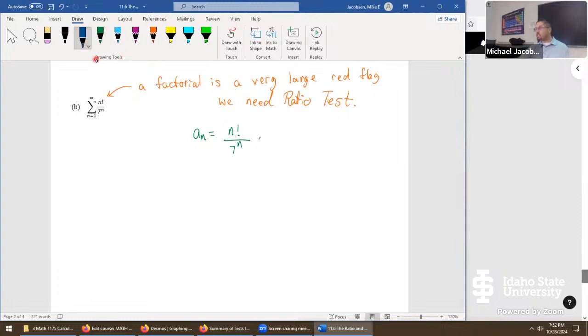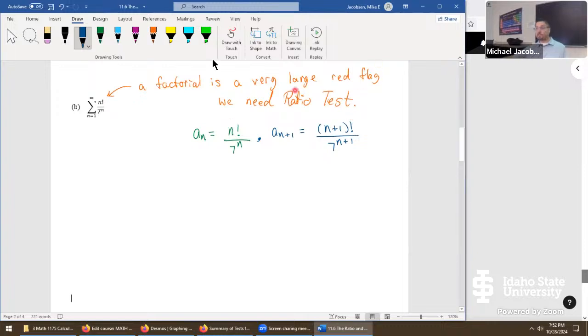Next, we need the successive term, the one right after, AN plus 1. The way we work this is, if it's a subscript n plus 1, then everywhere you see an n in the problem, we're just overriding with n plus 1. That means the numerator is now n plus 1 factorial. The denominator is 7 to the power n plus 1.